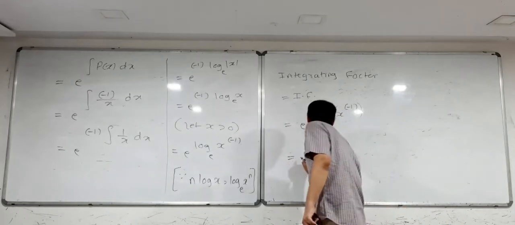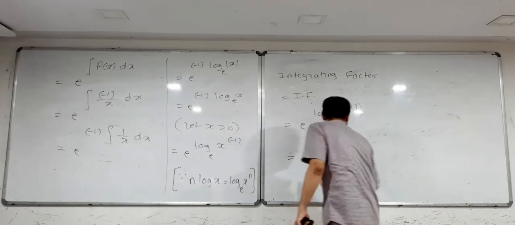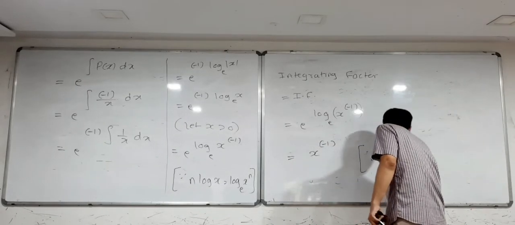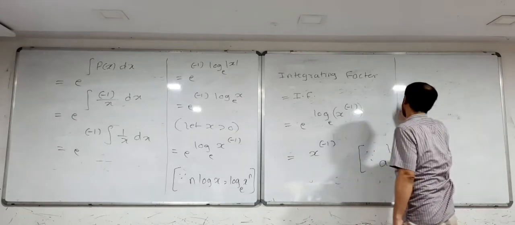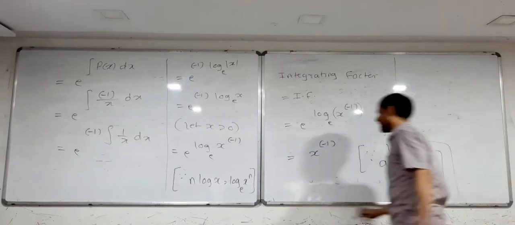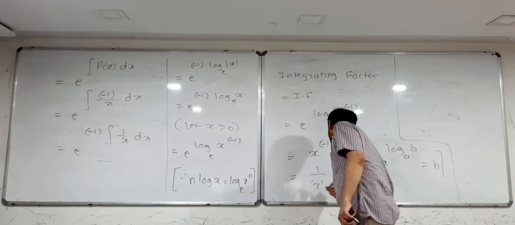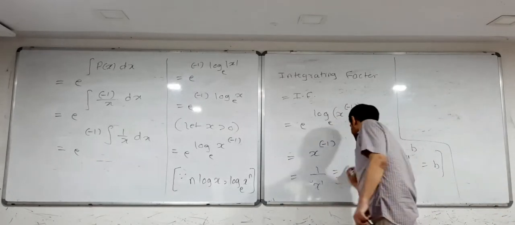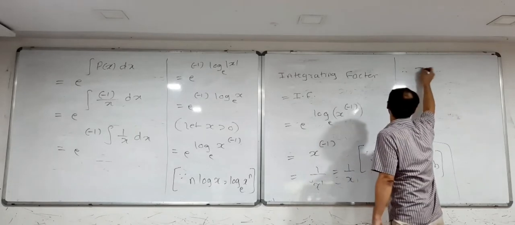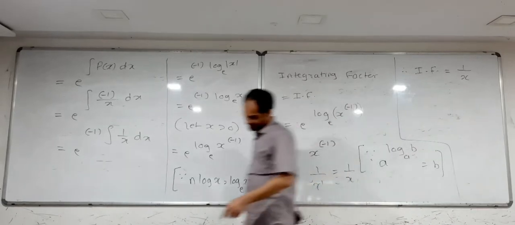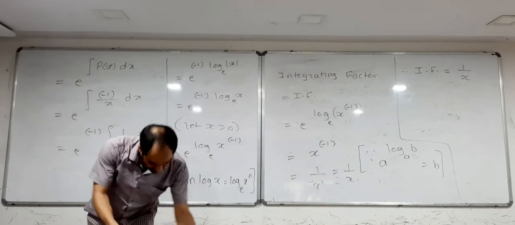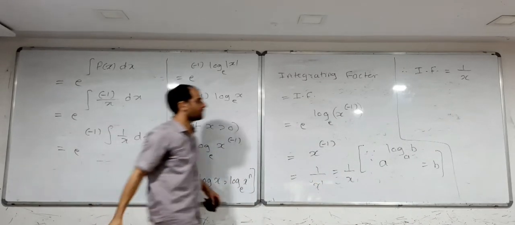So the answer is x raised to minus 1, which is 1 upon x raised to 1, that is 1 by x. So the integrating factor is 1 by x. The option is 1 by x, so the answer is option C.